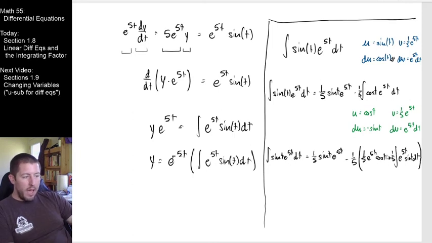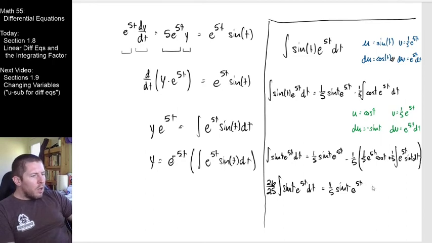If that's a negative 1/25, I'm going to add it over to the other side here so I get 26/25, and 1/25 e to the 5t cos t.